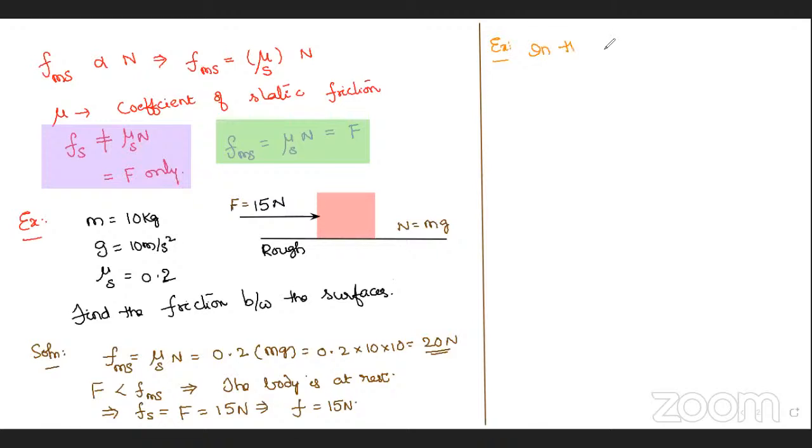In the above example, mu s is equal to 0.4 and the applied force is 39 newtons. Find the friction.